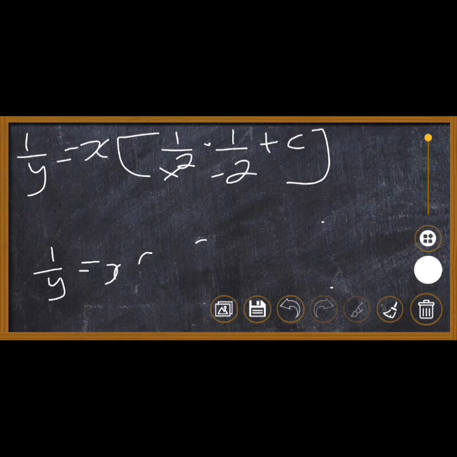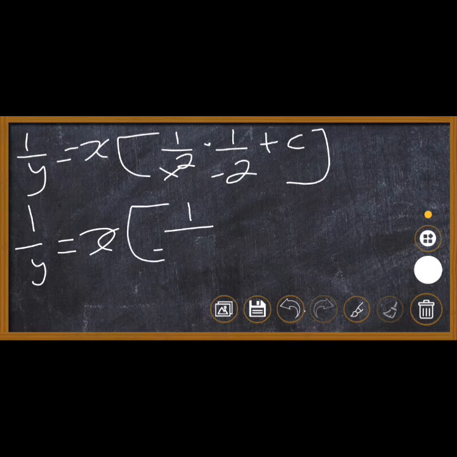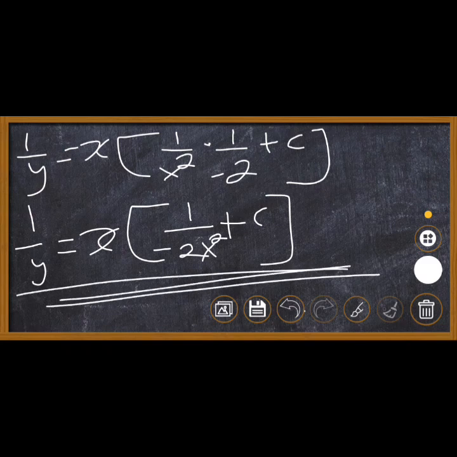So we have 1 over y equal to, we multiply x with whatever we have in the brackets, so we have x, then 1 over negative 2x squared, plus the constant value c. So this is the answer, unless you want to simplify further. Otherwise, this is the general equation.